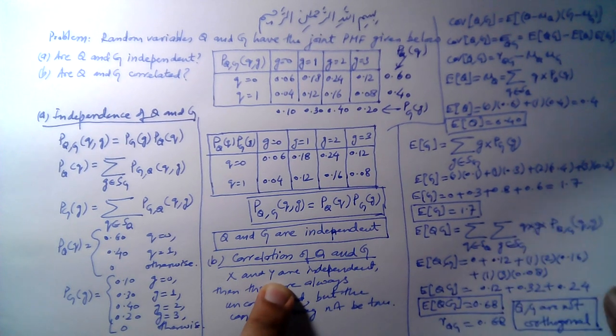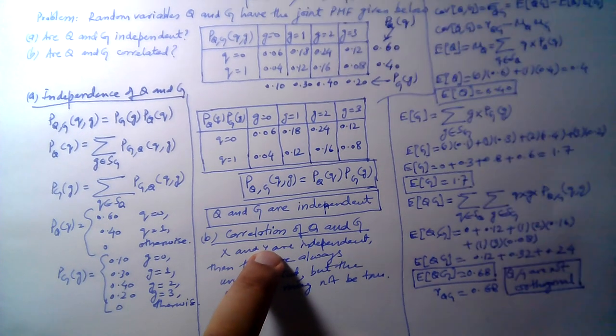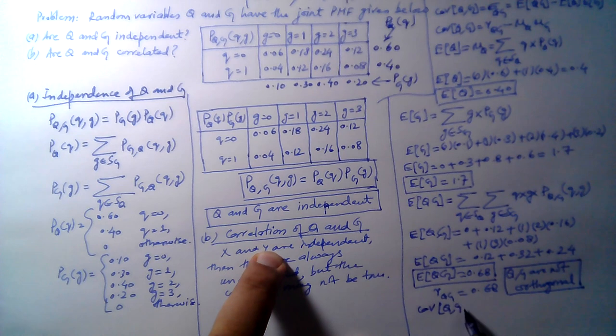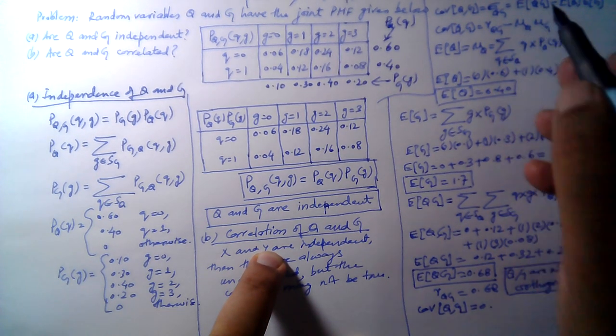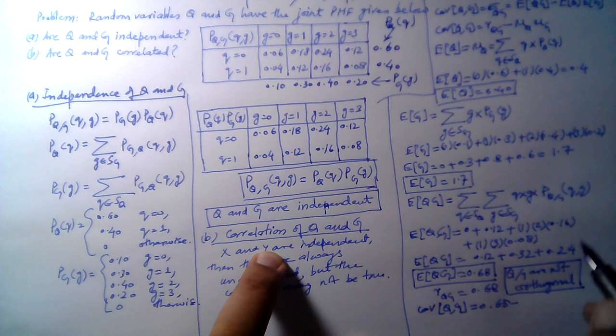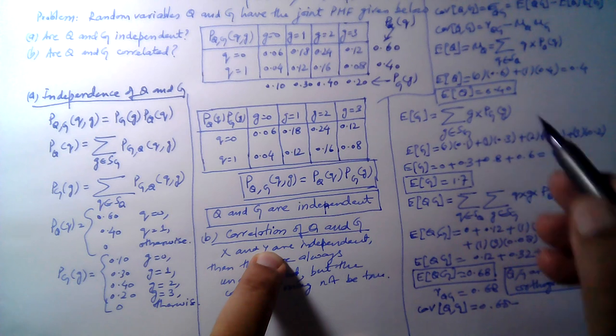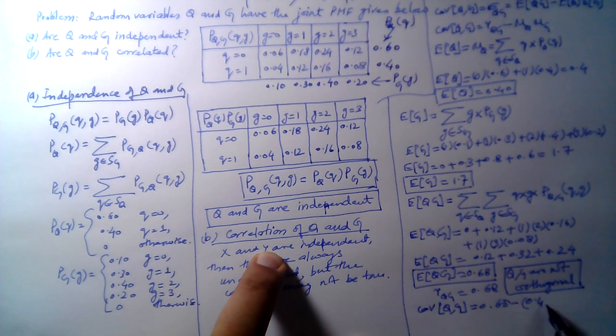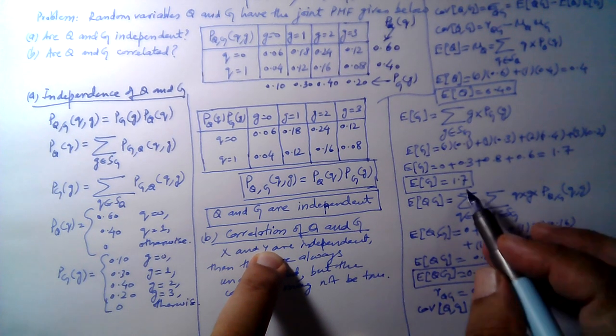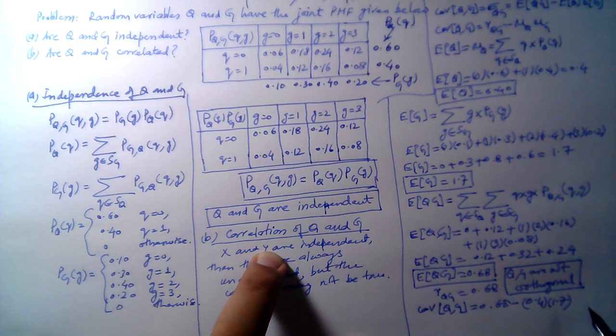So let's now find the covariance from this formula we have here. The covariance of QG is given by 0.68, we put 0.68 here, minus the product of the expected value of Q and the expected value of G. The expected value of Q is 0.4, multiplied by the expected value of G, which is 1.7, right?